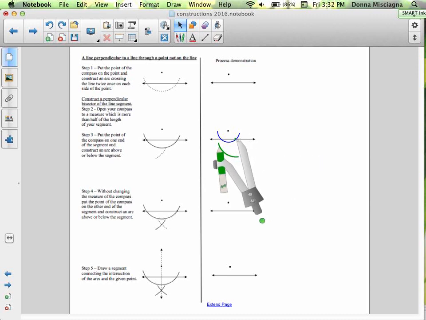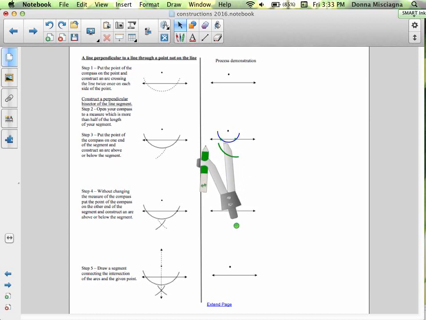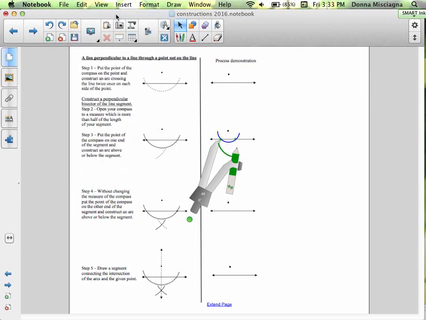Okay. All right, so now I'm going to move the compass to this point over here, the other place where the arc intersects the line. I'm not going to change the compass in any way. I'm just going to move it over. And in my case, I'm going to flip it to the other side. All right, and now I'm going to draw an arc from the other point. Oops. And I accidentally move my line. I want to move my compass.